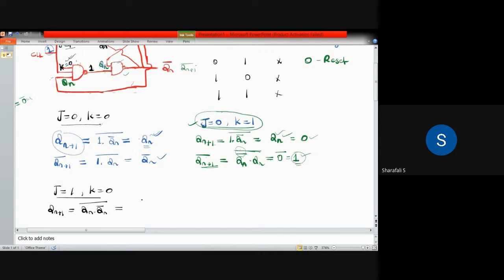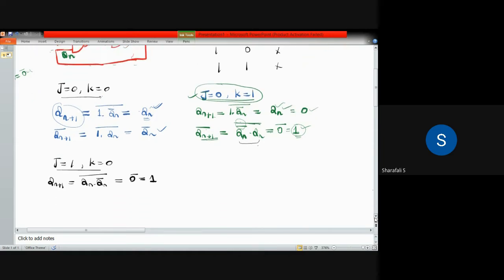As we discussed earlier, same scenario, this will be equal to 0 bar, which equals 1. Since we already know Qn plus 1 is 1, Qn plus 1 bar is equal to 0, obviously.